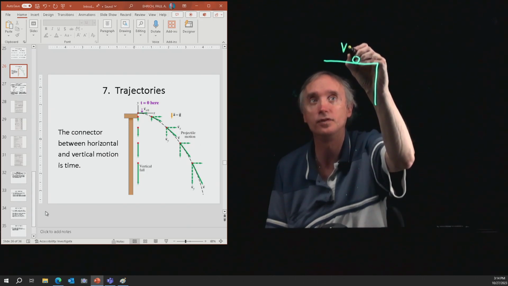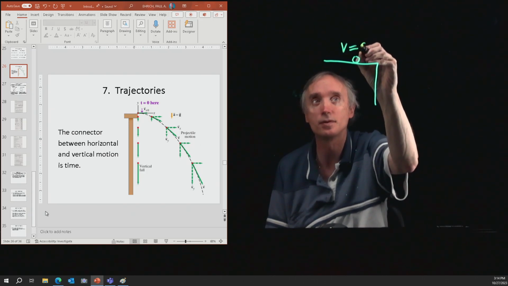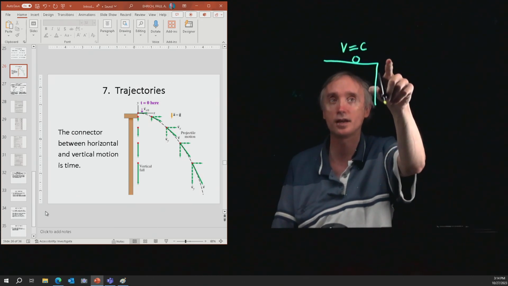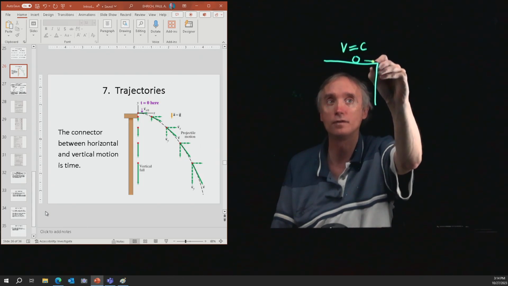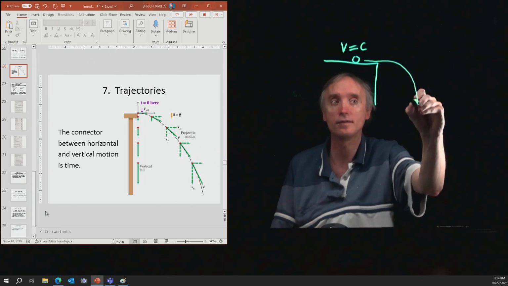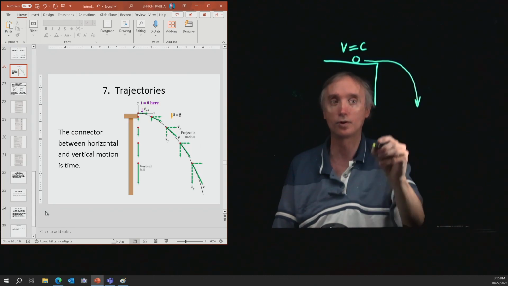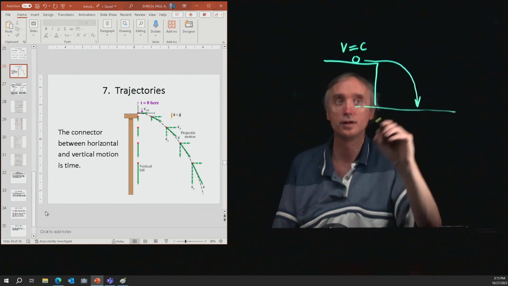So let's say v is equal to some constant. So that's the initial speed of the ball, and it's rolling on the table, and then it's going to roll off the table, and then it's going to have some kind of a trajectory like that, and then it's going to hit the floor. So the floor is down here.